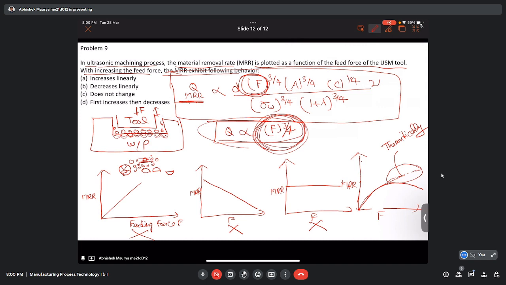So as long as the abrasive particle is not fractured, the material removal rate will keep on increasing. But if we exceed the load such that the abrasive particle itself gets crushed, the material removal rate will start decreasing. So the correct answer is D.